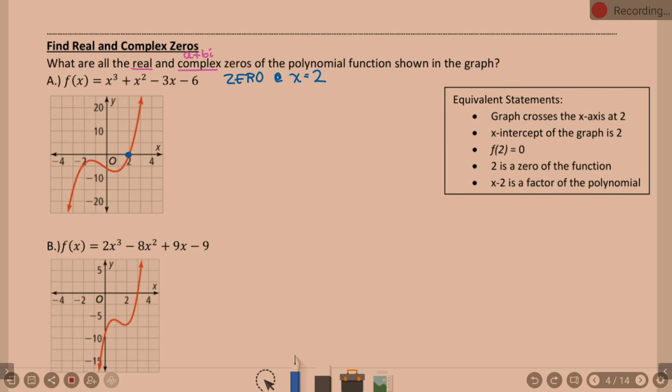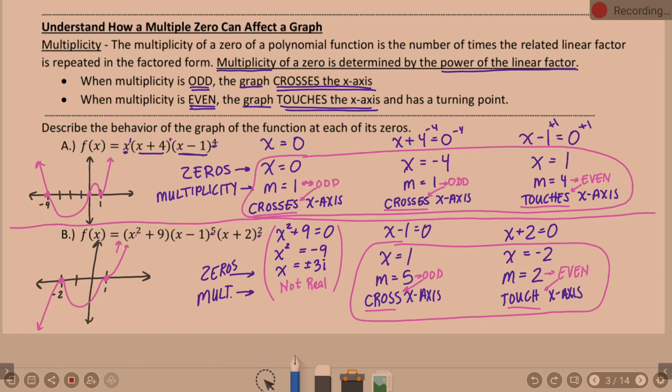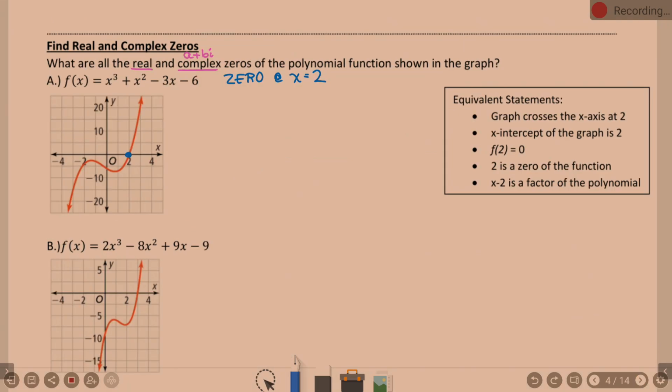If you think back to like this right here, we had a factor of x plus 2. It gave me a zero of x equals negative 2. So it's always just the opposite sign. Okay, so I need you to know there's a zero at x equals 2. We also need to recognize that that is a factor of x minus 2. Okay?